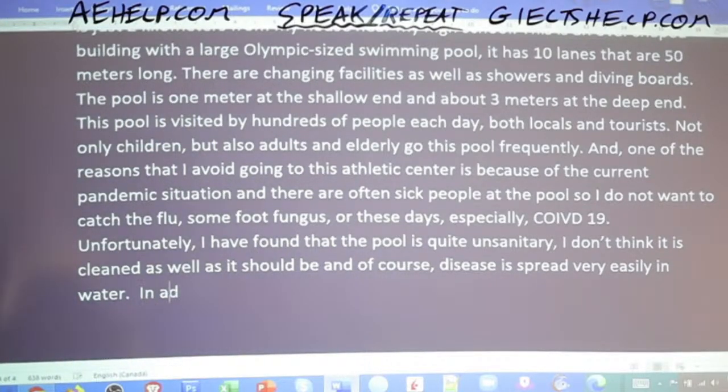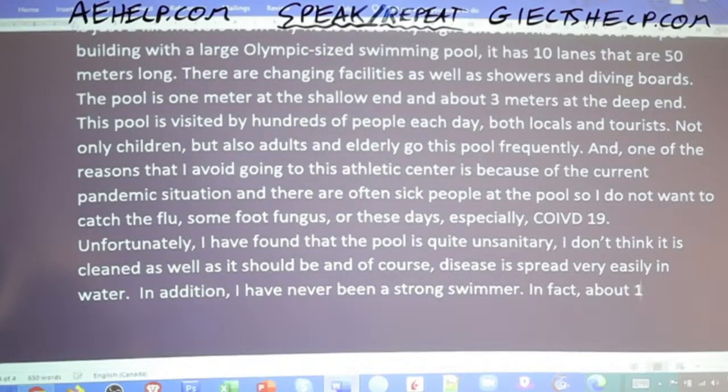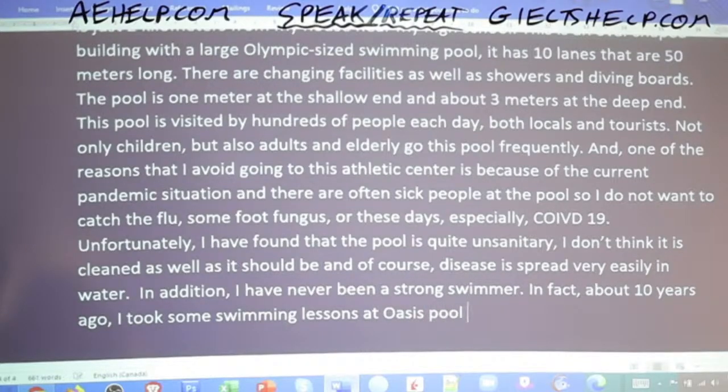In addition, I have never been a strong swimmer. In fact, about 10 years ago, I took some swimming lessons at Oasis Pool, and I almost drowned.